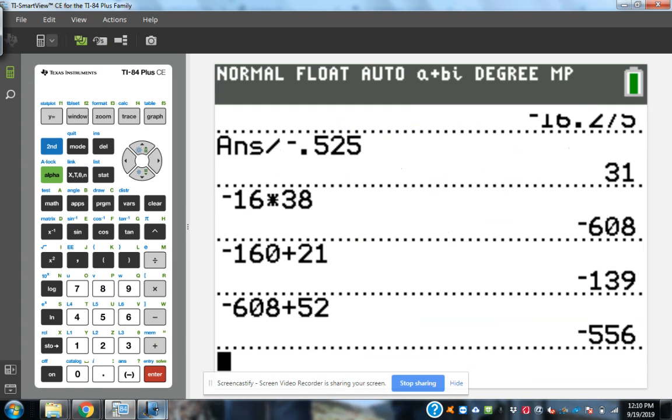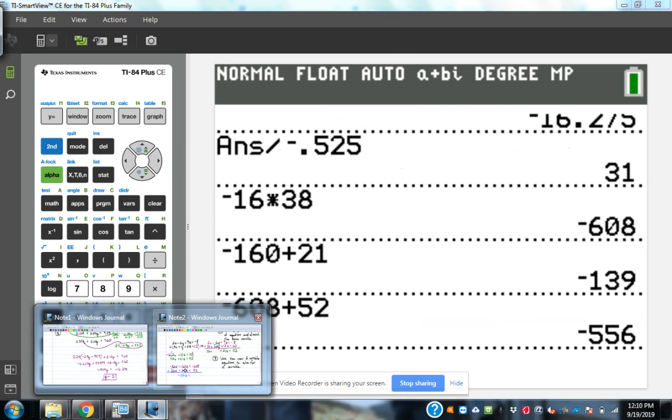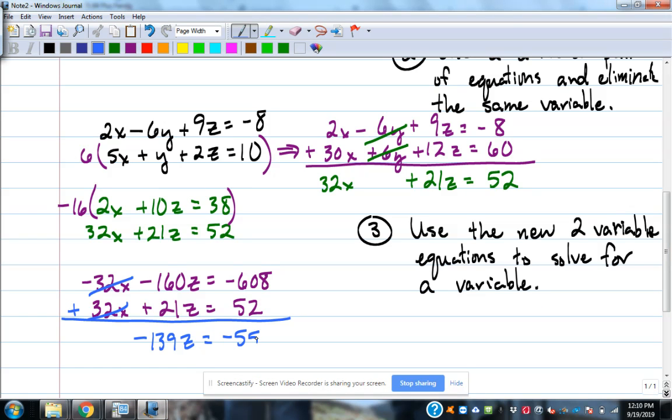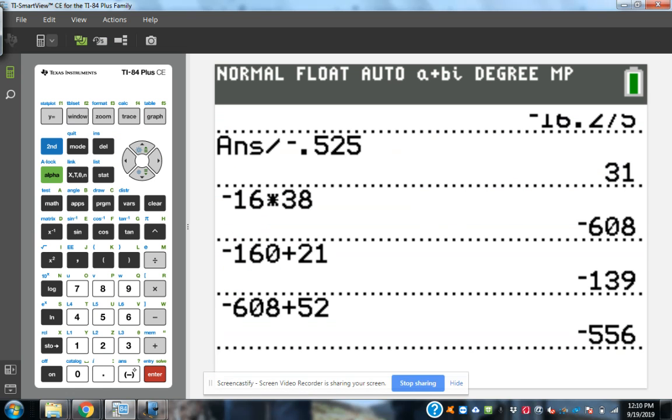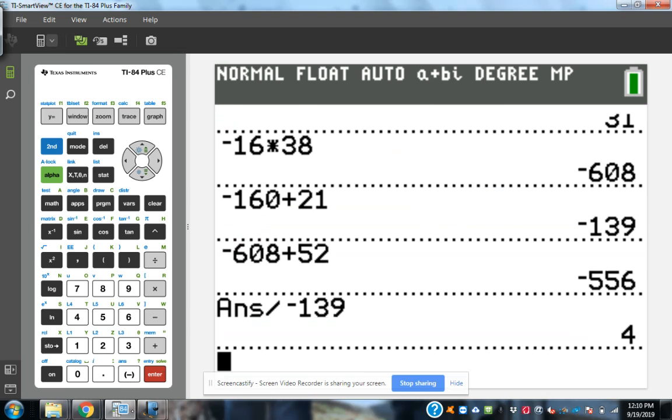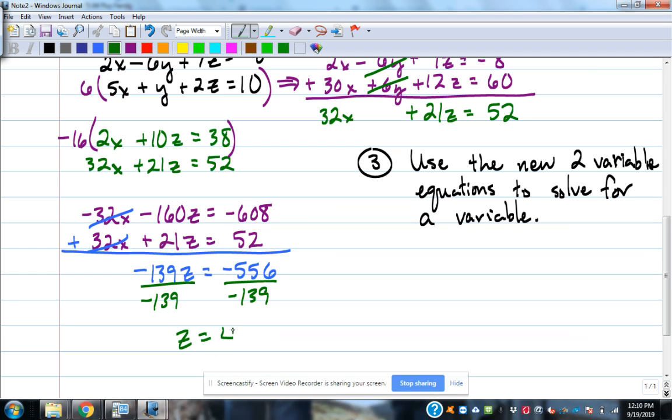Negative 556. Divide. I get 4. There's our first answer. Now we've got to go back and get the rest of them. So I got z is equal to 4.